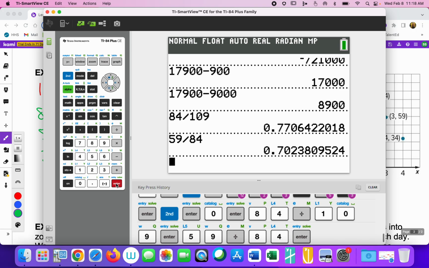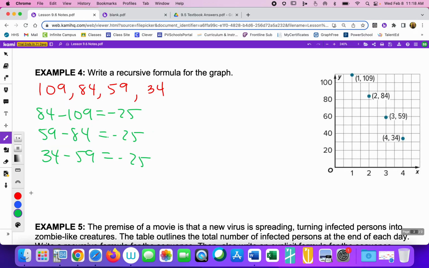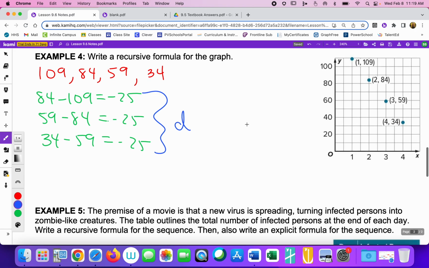You could check it just to be sure, but this one is arithmetic because of the common difference. Negative 25 is your common difference value D, and 109 is your first term. These are the two pieces of information you need. So first term, A1 is 109.